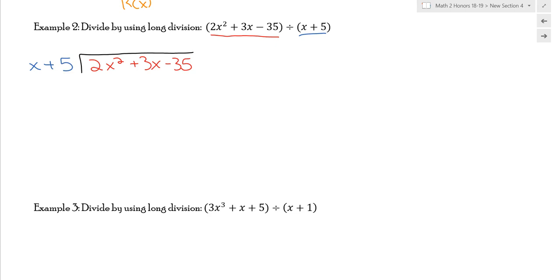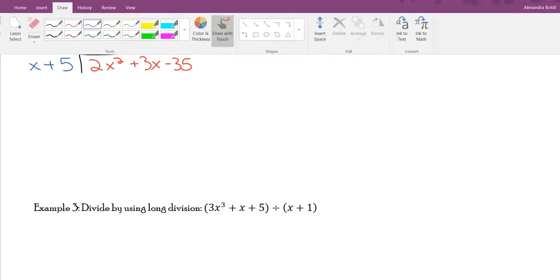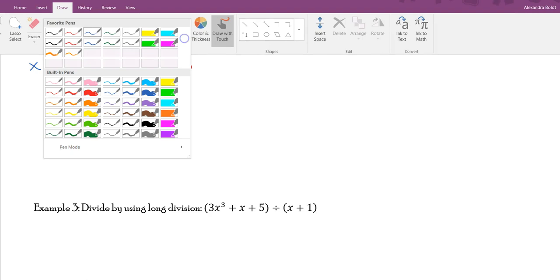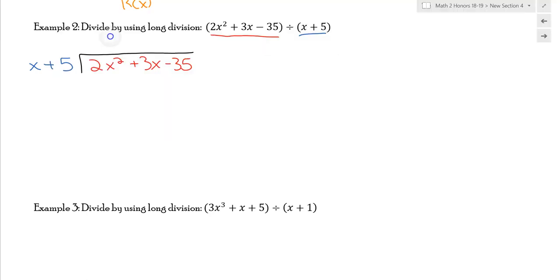Now in our regular long division, you look at the first place value to try and divide. Here, we're going to look at just the first term. Right? We talked about terms in our other target, or at the beginning. So we're going to look at just this term. Okay? And you divide it by just the first term of the divisor as well. So you don't divide 2x squared by x plus 5, you just divide it by x. Okay?